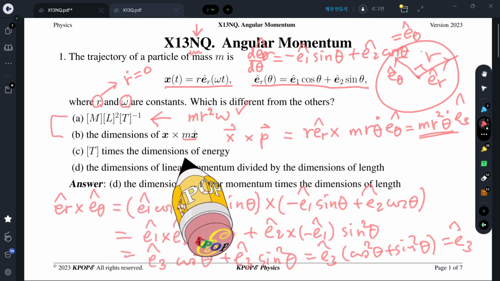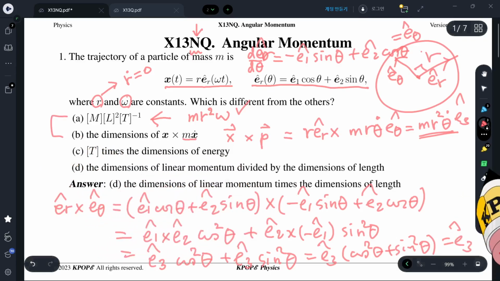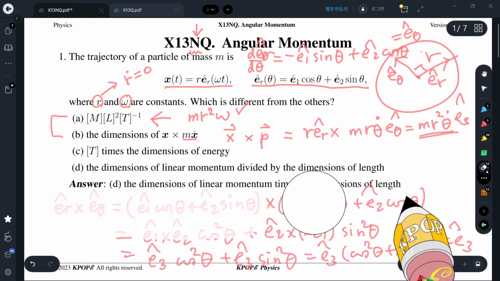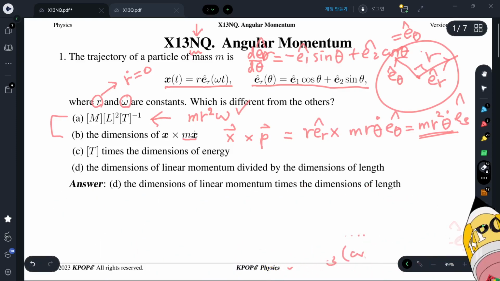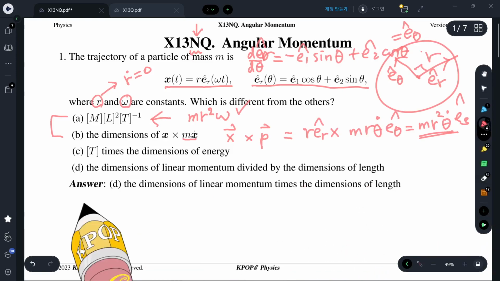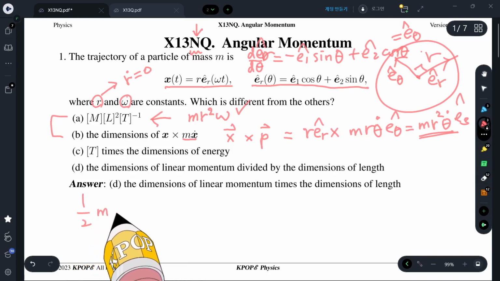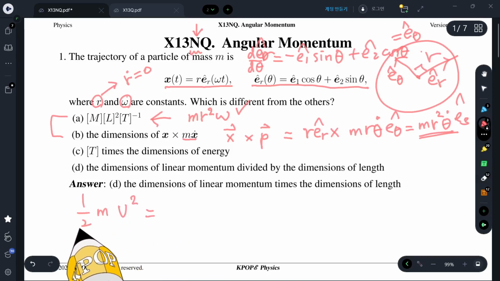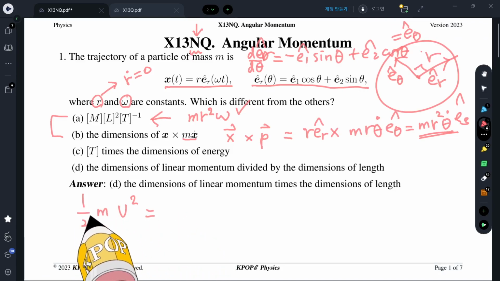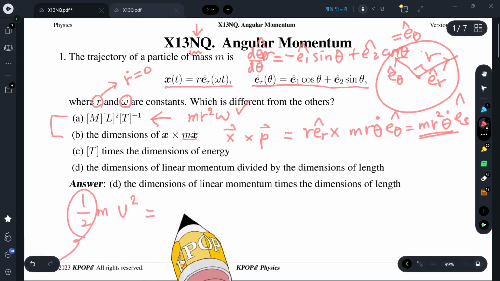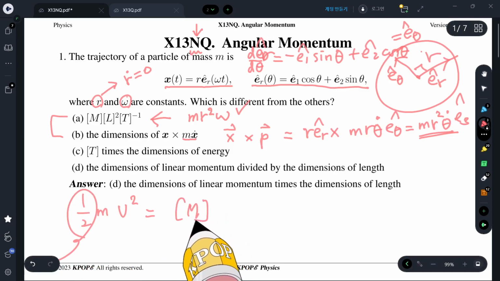Time times the dimensions of energy. For example, one half m v squared, kinetic energy. Oh, forget about this when we consider dimensions.